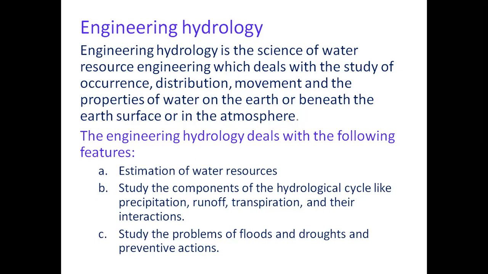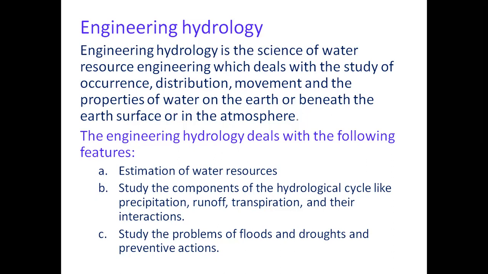Simply, engineering hydrology deals with where water occurs, how it is distributed, how it moves, and its properties. Beneath the earth we call groundwater. All these things are discussed clearly in engineering hydrology.